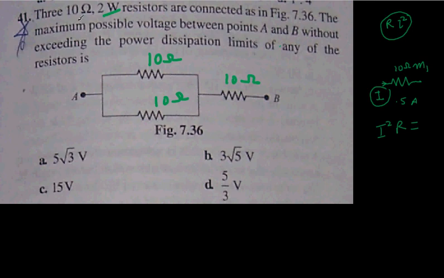This is 10 ohm resistance, this is 2 watt. 10 ohm 2 watt means power is given, P is equal to 2 watt.